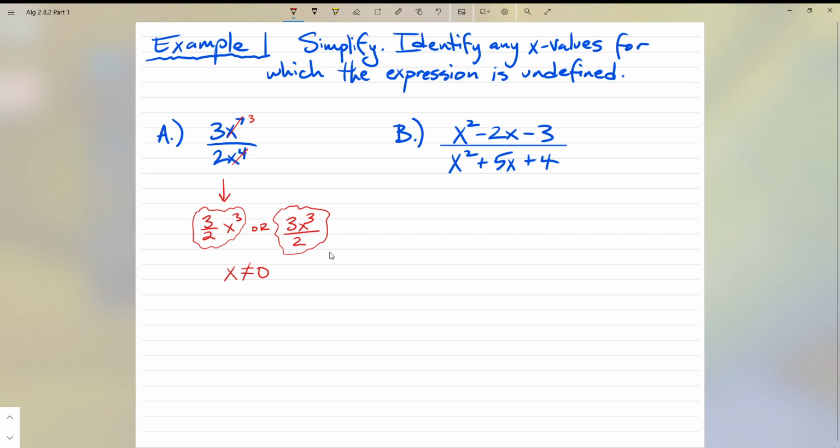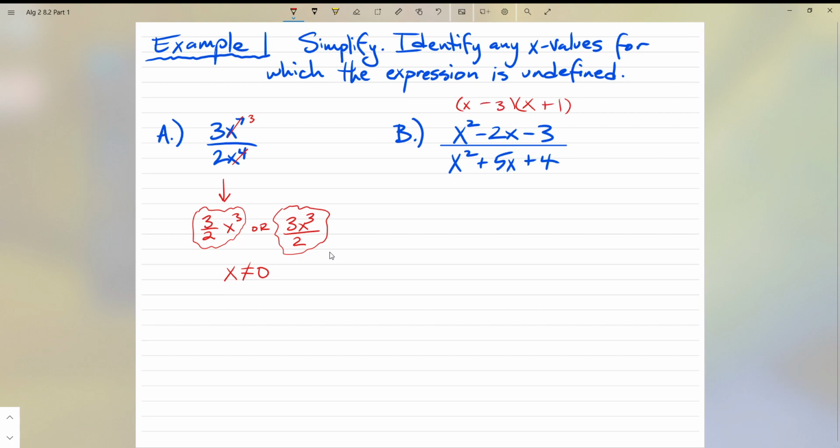But if you need more help with factoring, you can ask me, or you could look up factoring videos as well. So the top of this fraction, I'm going to be factoring. There's no number on the x squared, so these are what I call FOIL factors. I'm going to have x and x, and I'm going to look for what multiplies to negative 3 and adds to negative 2, which would be negative 3 plus 1.